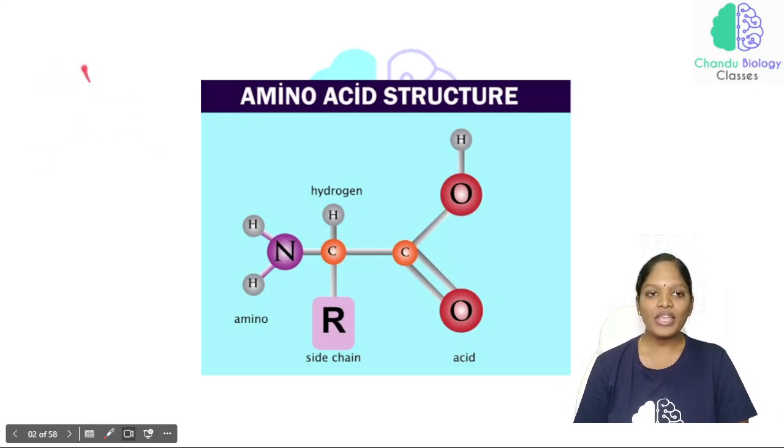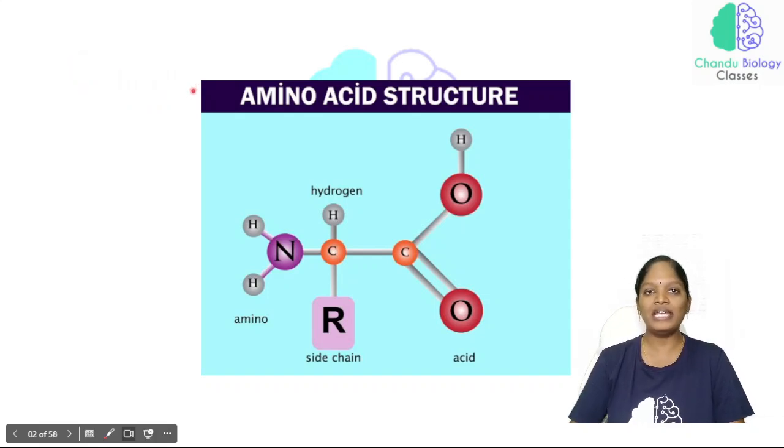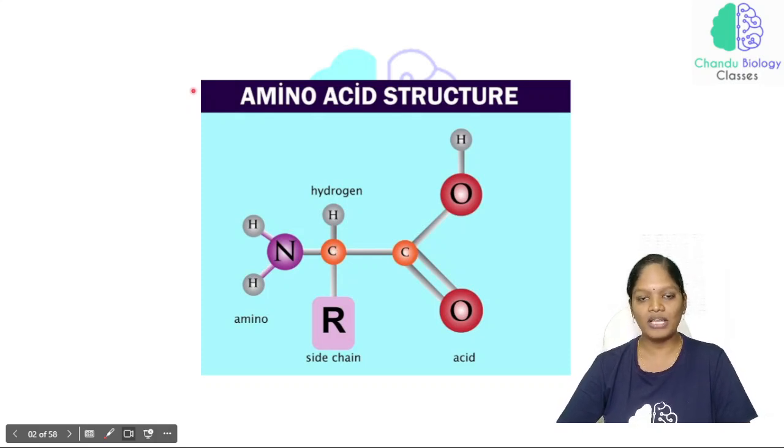In the same way, the simpler structure of the protein is the amino acid, because whenever the protein is digested, it is split up into different amino acids. A group of amino acids together we call a polypeptide, which is nothing but a protein.